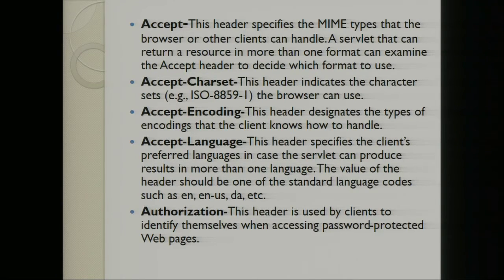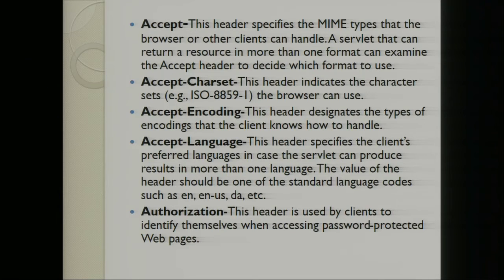Then Accept-Encoding. What is this encoding? This header designates the types of encodings that the client knows how to handle. Encoding in the sense that compression might have been applied to that particular file. There are zip files, RAR files, and different types of compression can be done on that format.